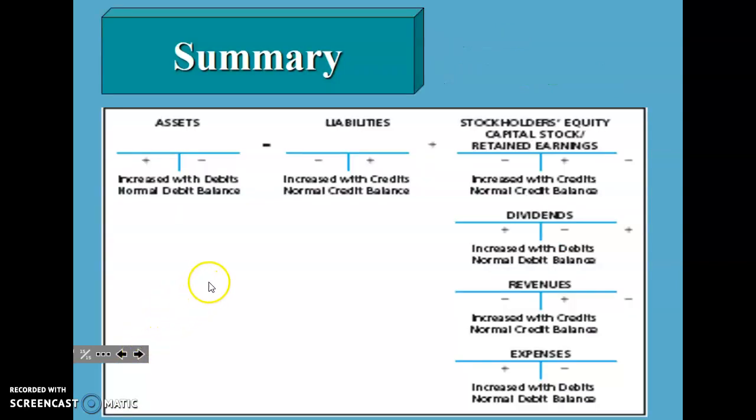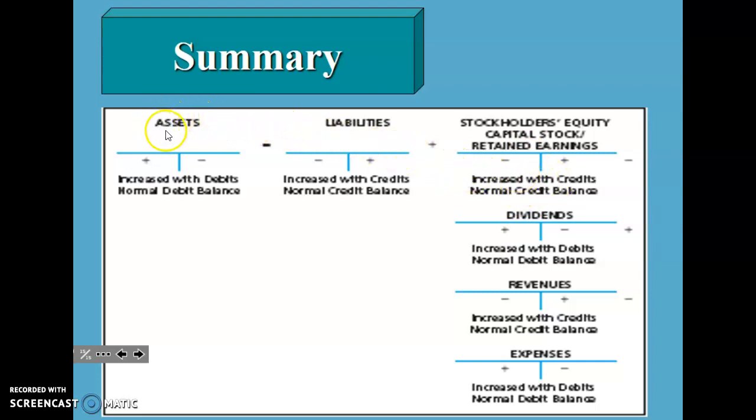Now, here's a summary. Asset accounts, and you see assets equals liabilities plus equity plus revenue minus expenses. I know there's dividends and stockholders' equity in here. We're not covering that yet, so just disregard that terminology.